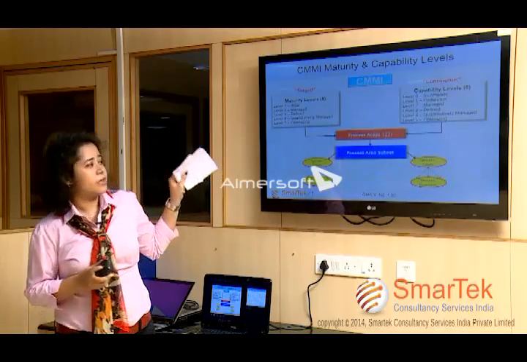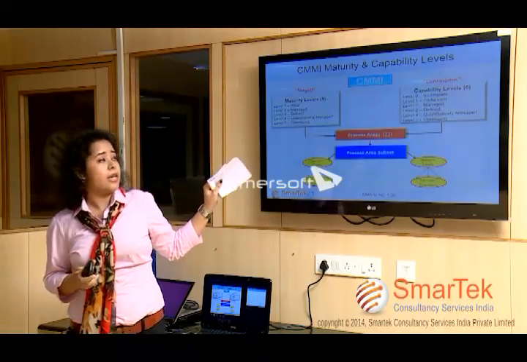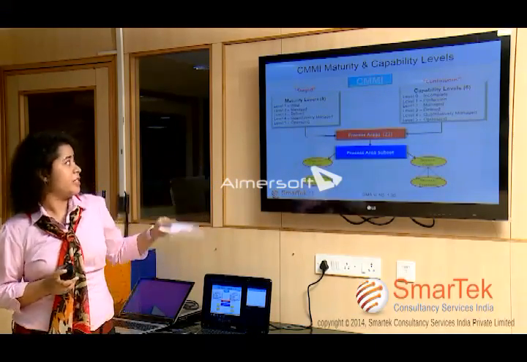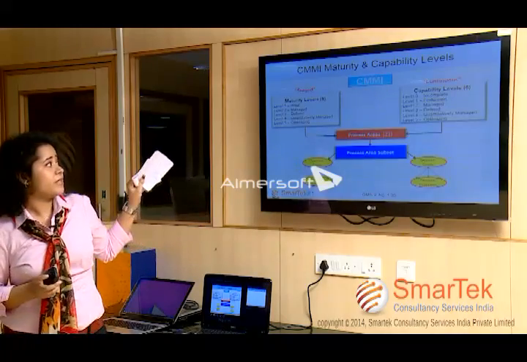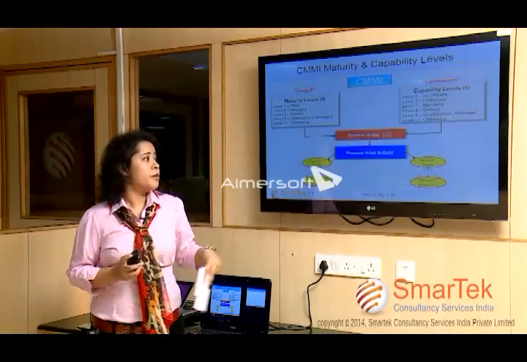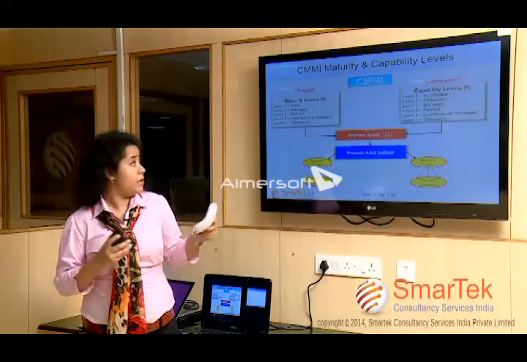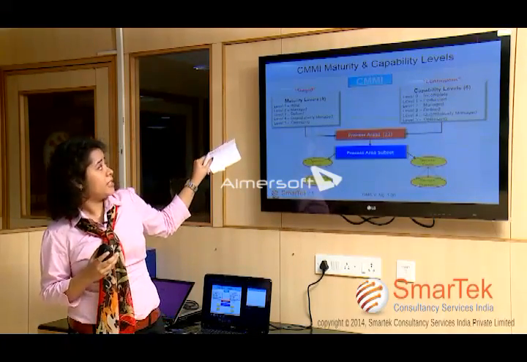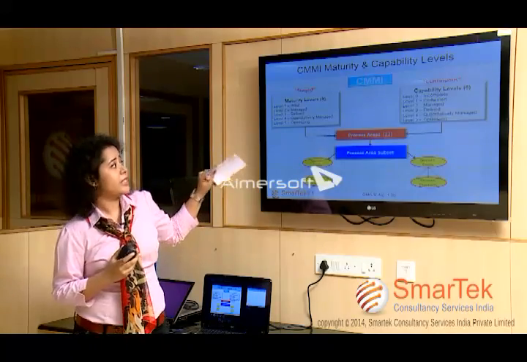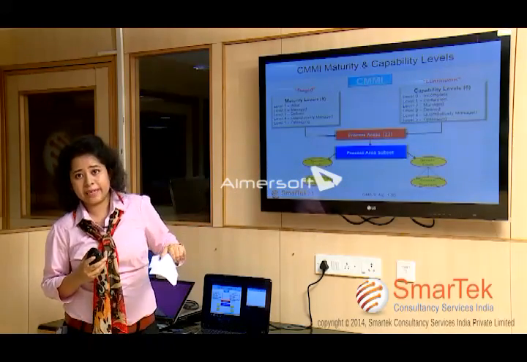Under CMMI, we have two representations: the staged representation and the continuous representation. The staged representation is called the maturity level, and the continuous representation is called the capability level.